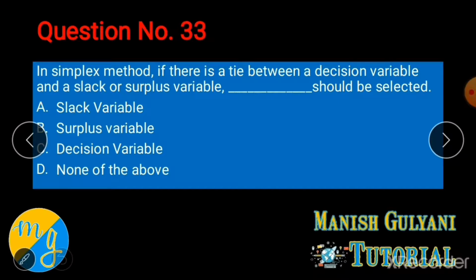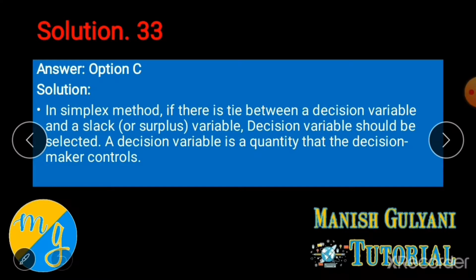Whenever you have to choose between a basic variable or a slack or surplus variable, always go with the basic variable. Basic variable means your decision variables. So option C is the correct option. X is your basic variable, meaning decision variable. Whenever there is a tie between a decision variable and a surplus variable, we should always go with the decision variable.